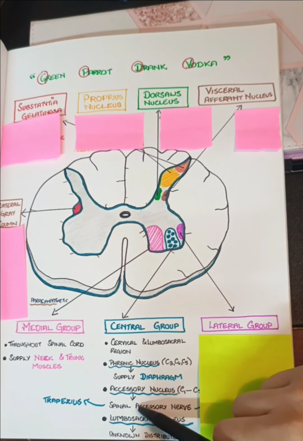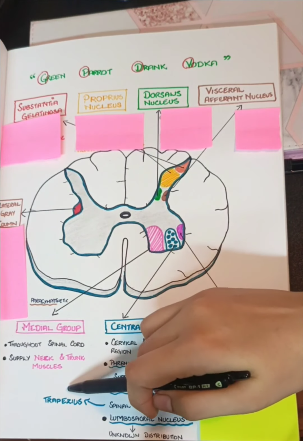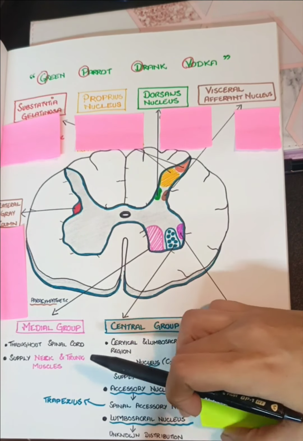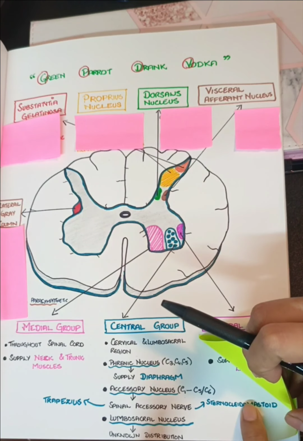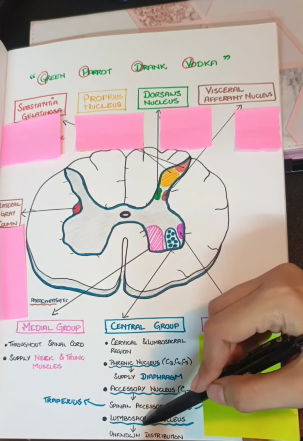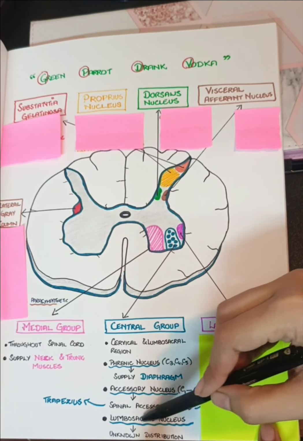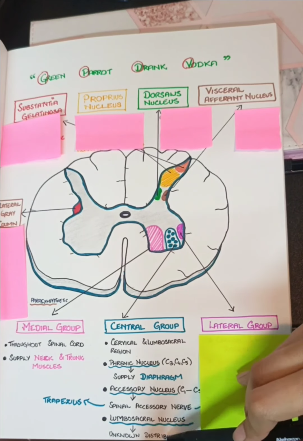This nucleus gives rise to the spinal part of the accessory nerve, which in turn supplies the trapezius muscle as well as the sternocleidomastoid. And lastly, the central group of neurons in the lumbosacral region form the lumbosacral nucleus, and the distribution of this nucleus is unknown.